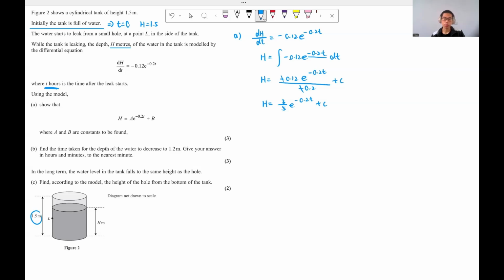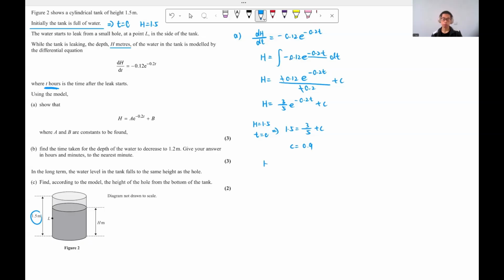Substitute in h equal to 1.5 and t equal to 0. So 1.5 equal to 3/5, and e to the power 0 is just 1, plus c. So c is just equal to 1.5 minus 3/5, which is equal to 0.9.